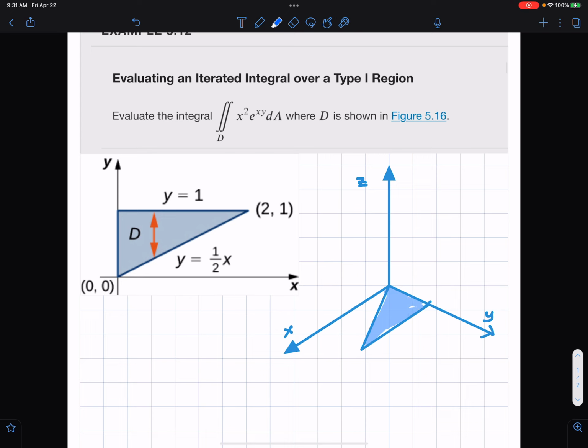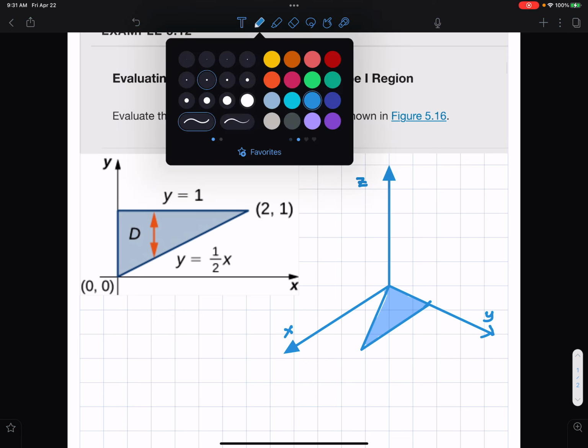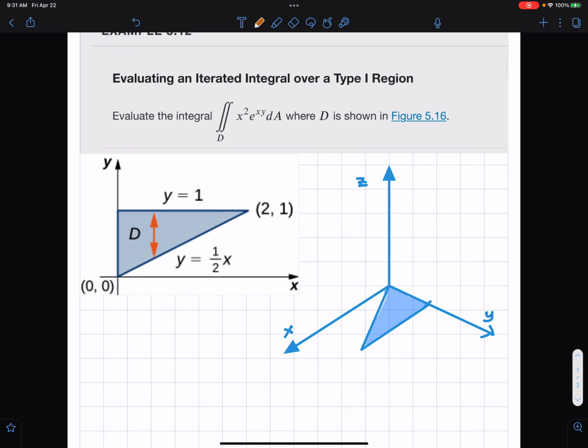What we're looking at is a surface lying above the region. I'm not trying to draw this surface at all. I didn't even think about it, except I do know that x squared is never negative. It could be zero though, actually.